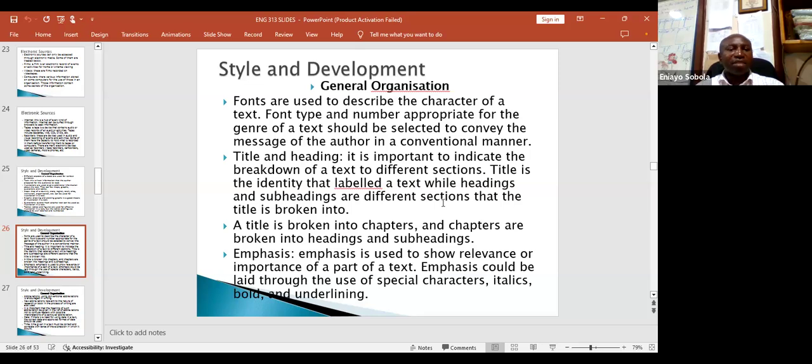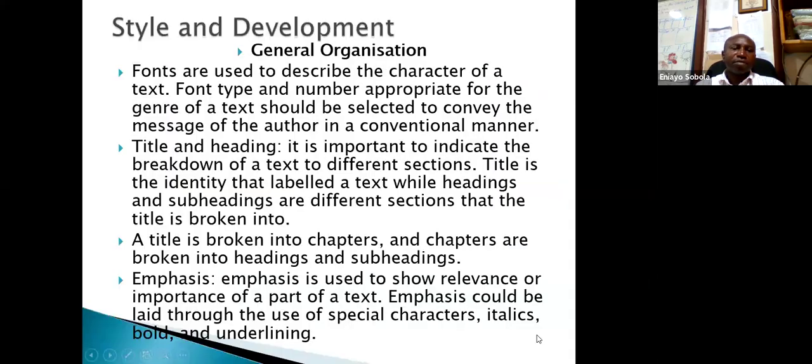And beside that, we have title and heading in the book. Like I mentioned earlier, each chapter has its own title. And under that title, we have headings and subheadings. When you are writing your book, you must get the appropriate title for the chapter and break that title down into headings and subheadings.